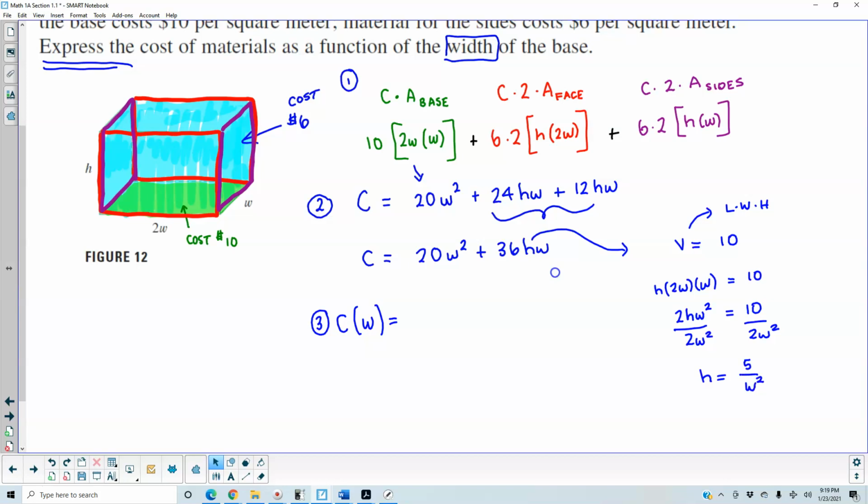Now we're going to plug this into this function. So this becomes 20w squared plus 36 times 5 over w squared times w.